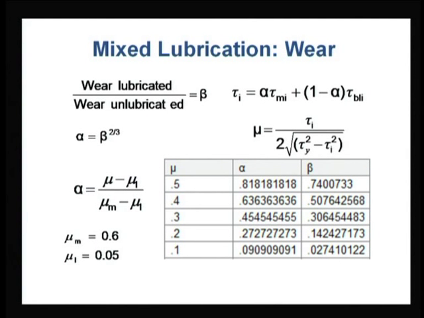That is what we are trying to conclude: lubricant has more role, more effect on the wear compared to the friction. That is why we say that we are not agreeing with the definition of lubricant.